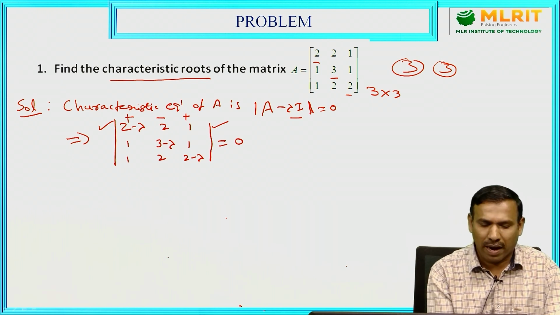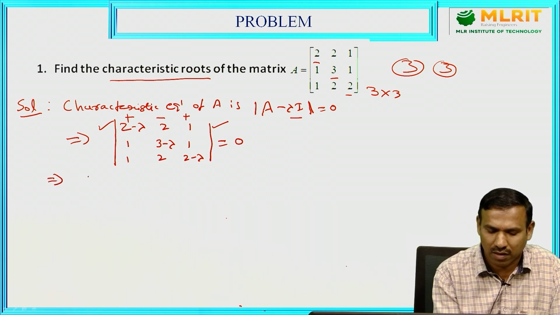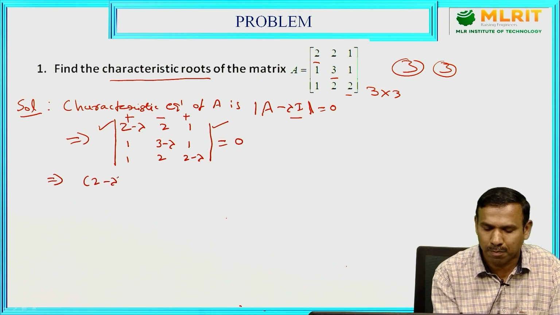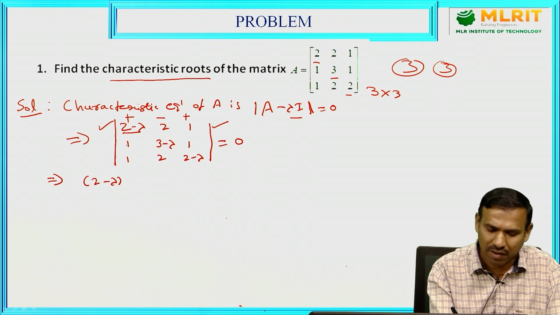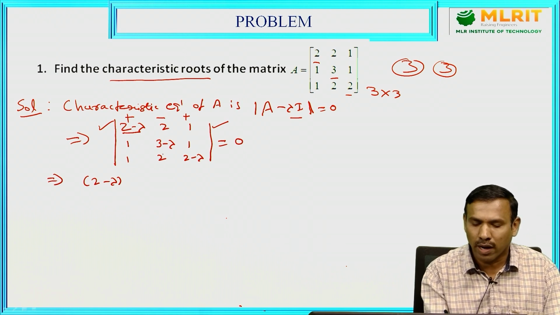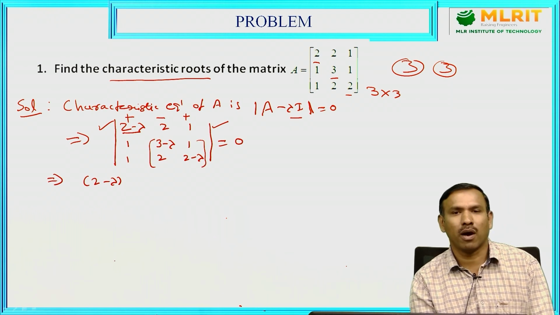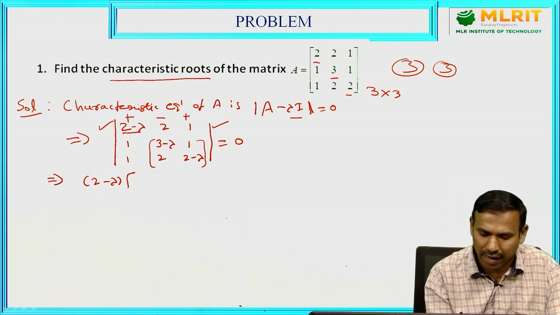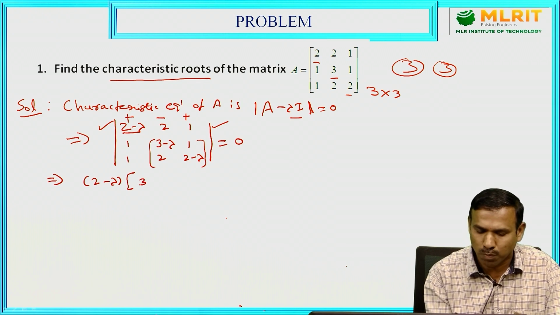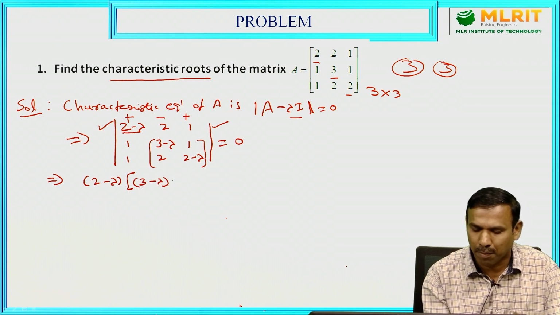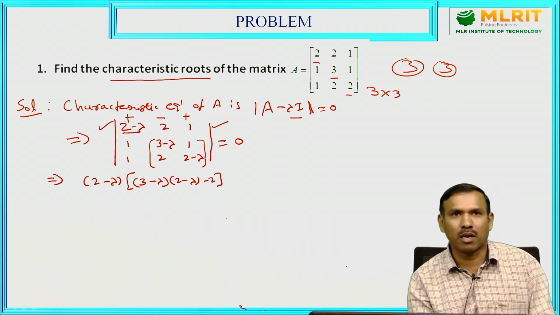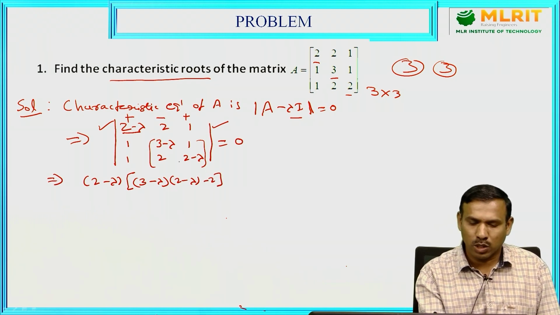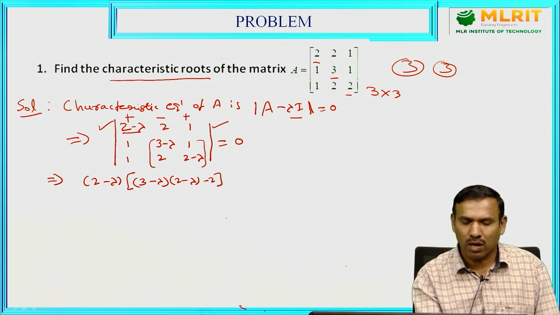While expanding you write in this fashion: 2 minus lambda, first row, and leaving the row and column containing the element 2 minus lambda, the remaining left-over elements form the determinant we have to find. That is the bracket (3 minus lambda)(2 minus lambda) minus 2. So this is the cofactor of 2 minus lambda; maintain the big bracket like this so that you will not make a mistake.